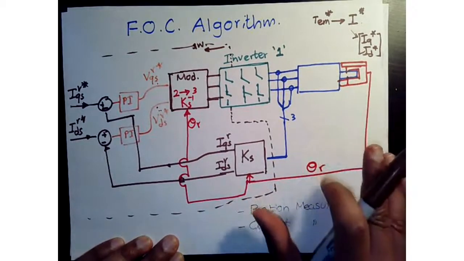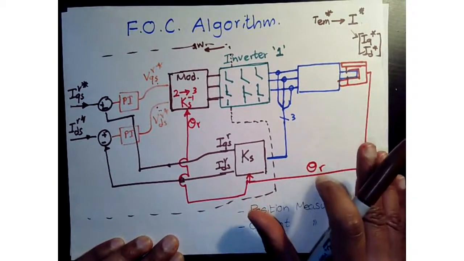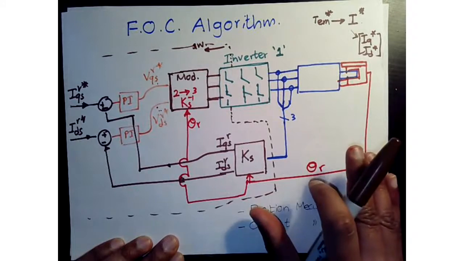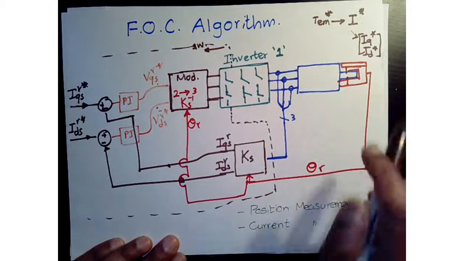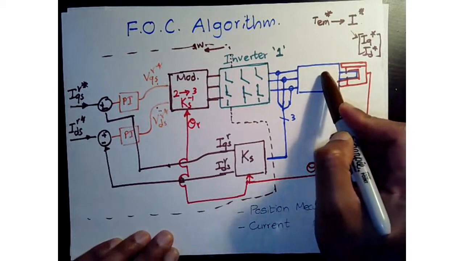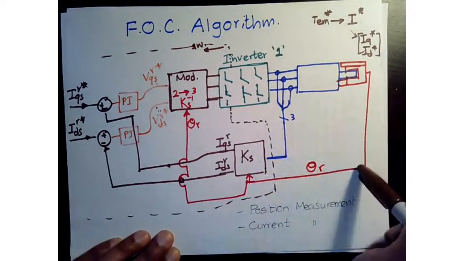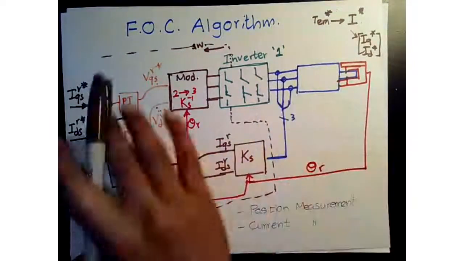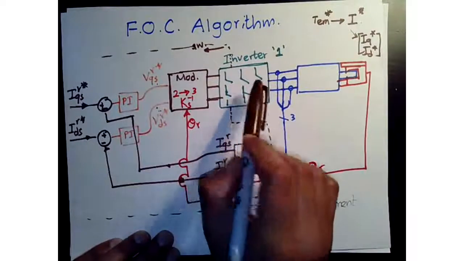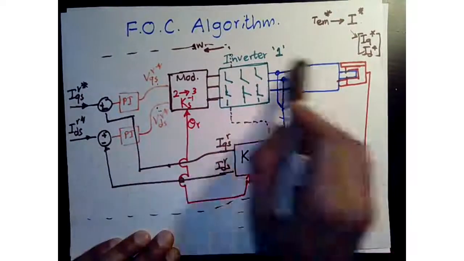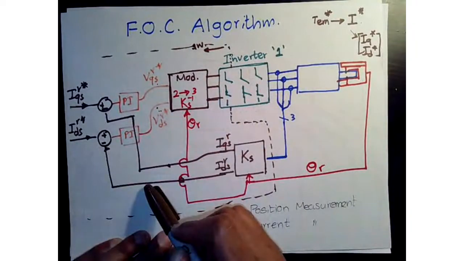If you really want to understand how this works, you should build a model. A model for the machine first of all, and then come up with position, come up with currents, and you don't need to build an inverter. Then you can apply the closed loop and see if it works.